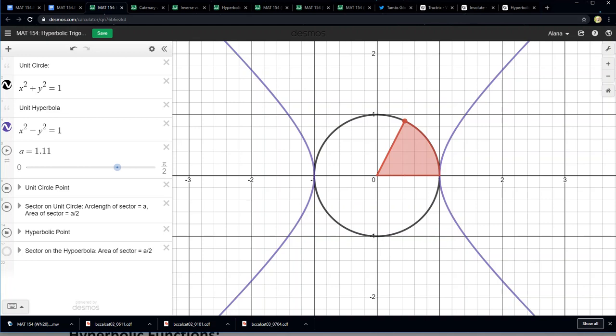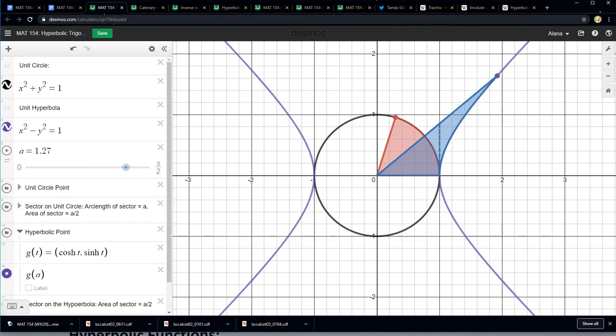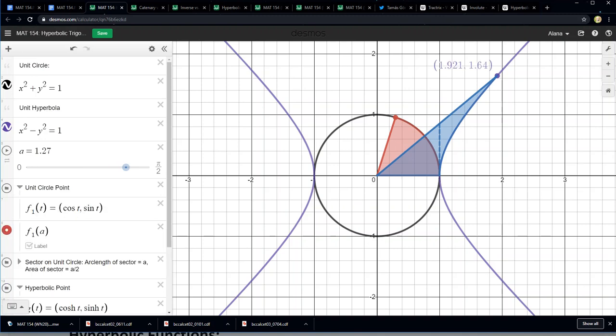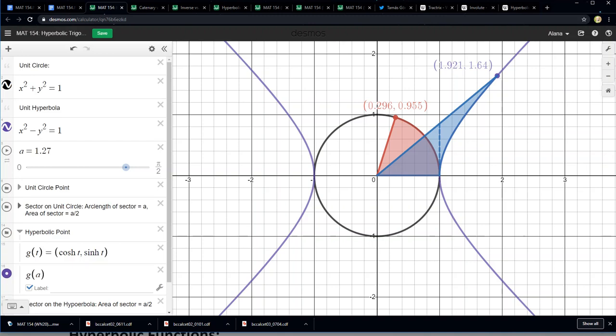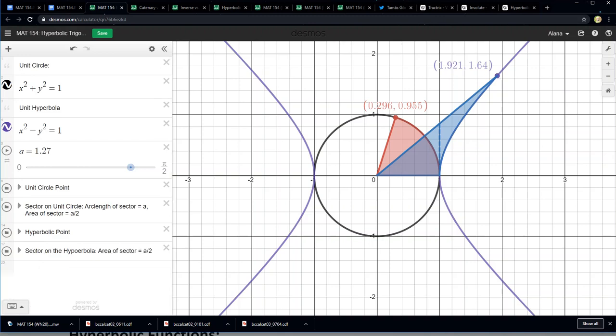So then look at the hyperbola point and the area of the sector it creates. What happens is that the blue area and the red area are the same, but they're on different curves, so they have different values. If I were to label these points versus these points, you can see the labels right there. Completely different numbers.